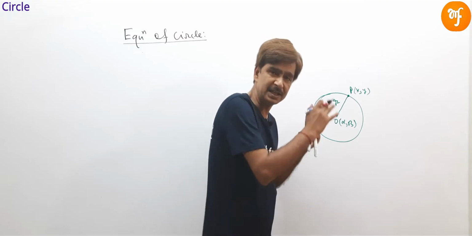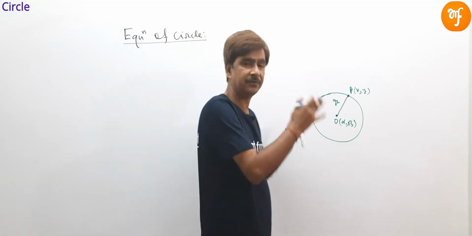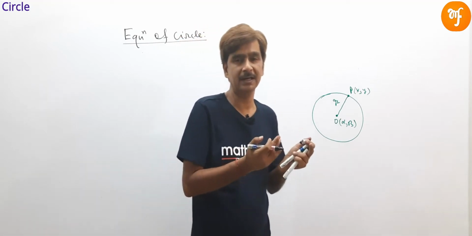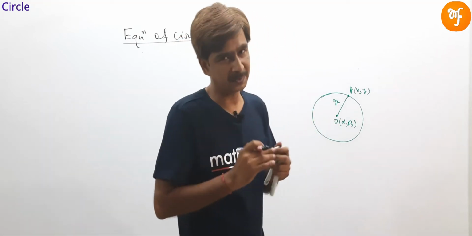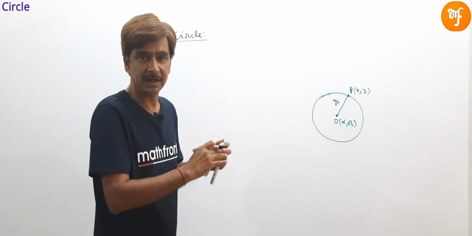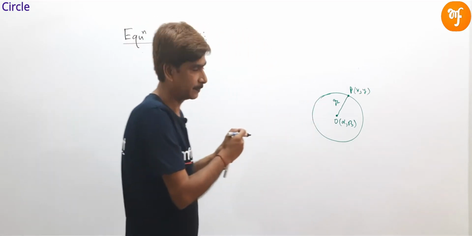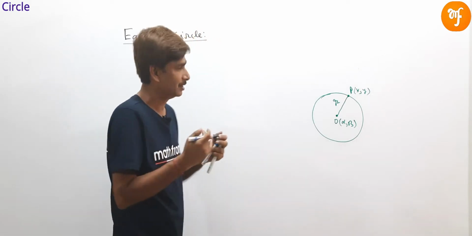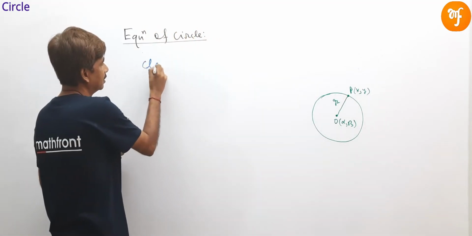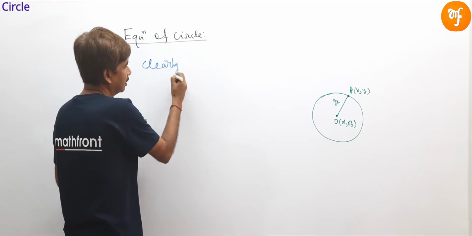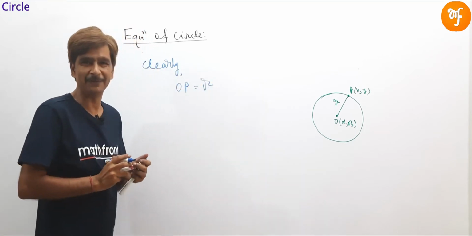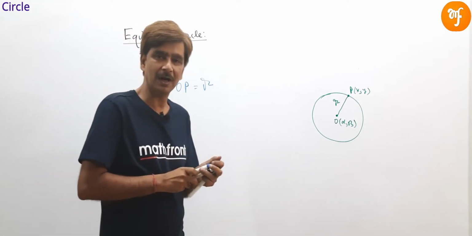So any relation satisfying the definition of the circle with x, y and known constants will be the equation of the circle. So how can we develop the equation? Applying the distance formula, OP is equal to what? Clearly OP is equal to r.